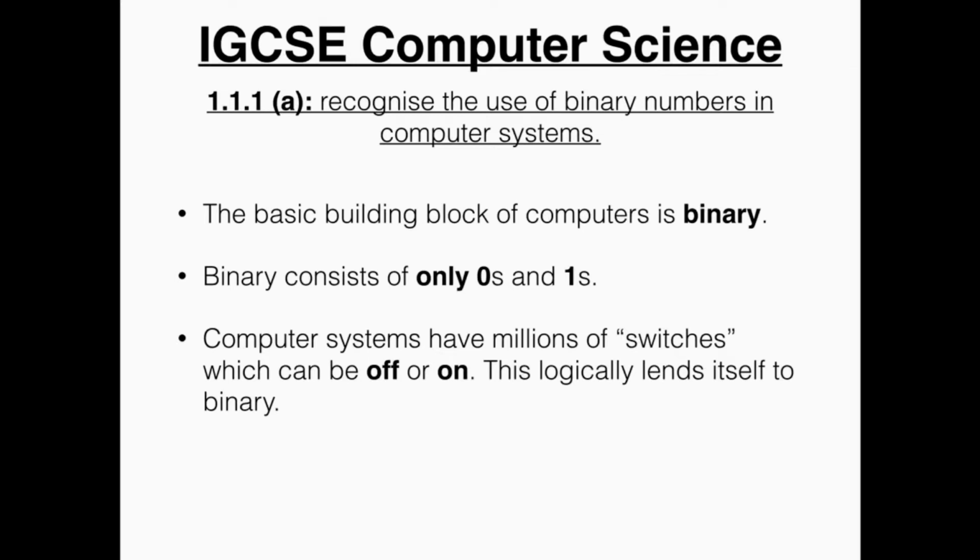On meaning electricity passes through it. So when we say that it logically lends itself to binary, we say that 0 represents off and 1 represents on. So you can see how binary would work with the system quite well. It's like a light switch in your room: a 0 would be lights off, 1 would be lights on.